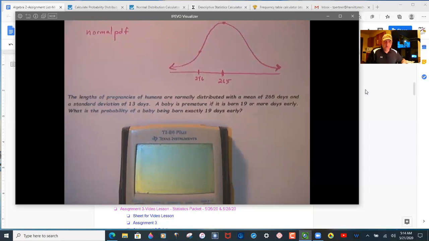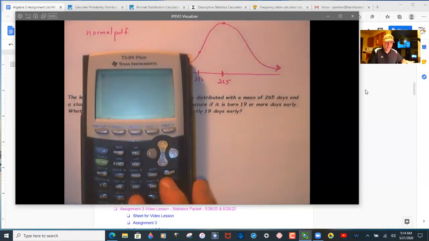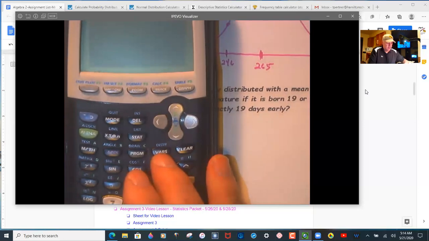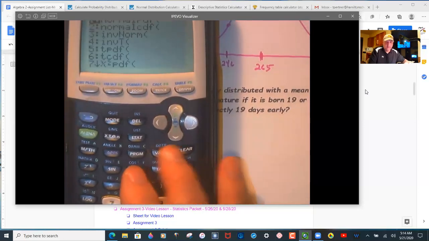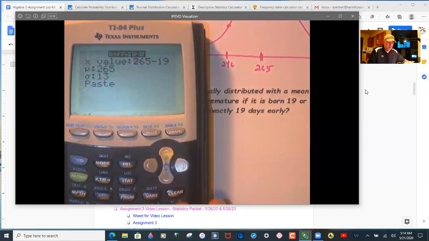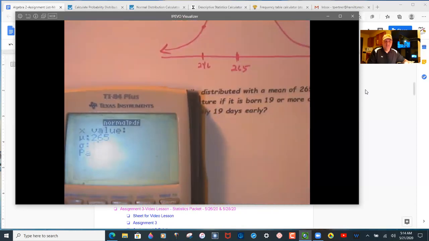Where you're going to go on the calculator is where it says DISTR, right here behind the VARS key. So you're going to go 2nd VARS, and up will come the two that we're going to use. So this is normalpdf. Notice that I put 265 minus 19.